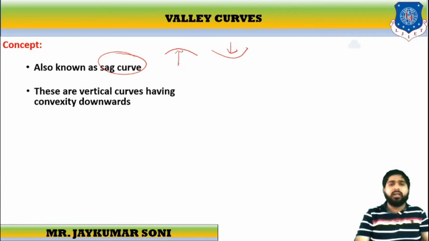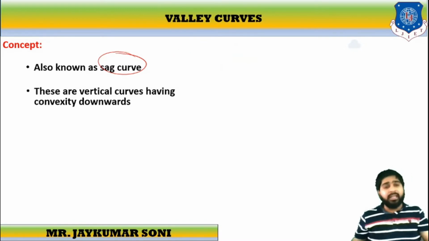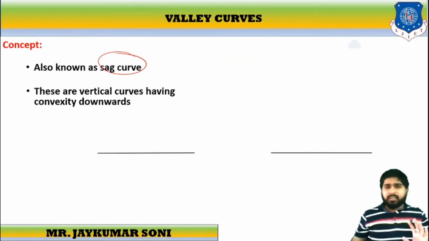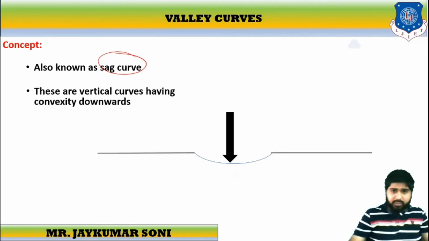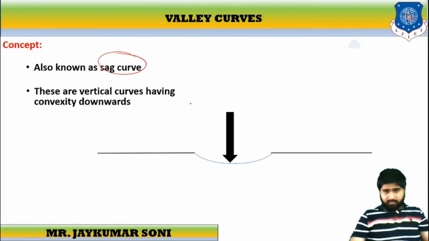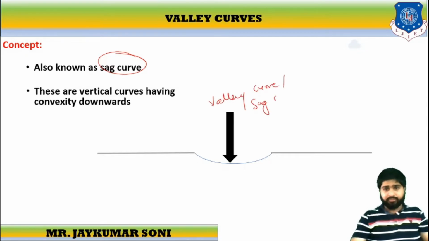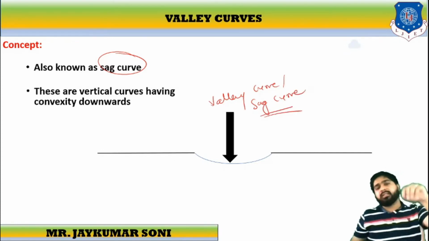So these curves are known as valley curve because they are like a valley. If the road is like this, and the curve is provided like this, then this is called a valley curve or sag curve. Valley curve means the convexity is downwards, and it is also known as sag curve.